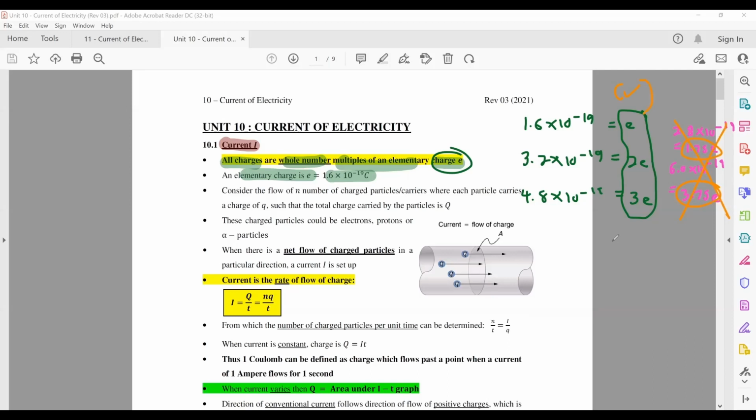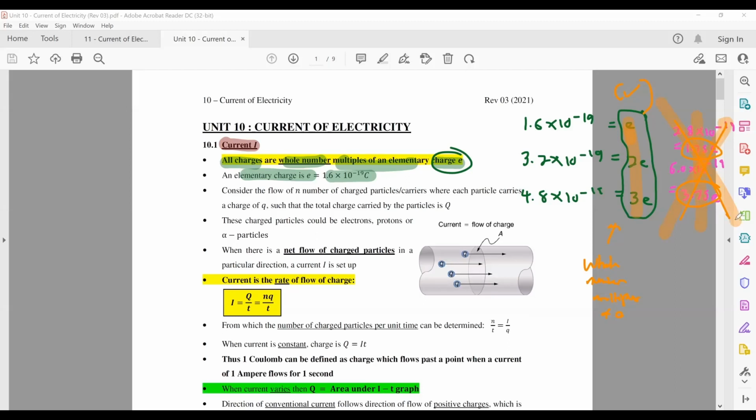Only this one is possible. This one is considered whole number multiples of E. All charge that exists in nature must be in whole number multiples of E. They cannot exist in fractions like this. This is just not possible.